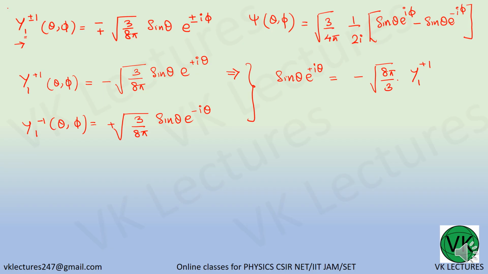Similarly, sine theta e to the power minus i phi equal to root of 8 pi by 3 times Y(1,-1). From these two equations we get sine theta e to the power plus i phi and sine theta e to the power minus i phi.